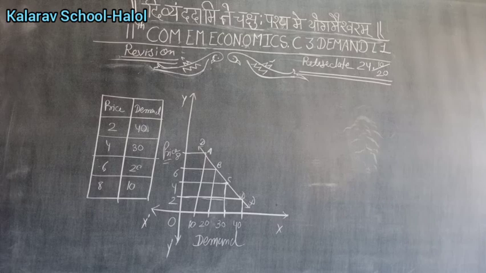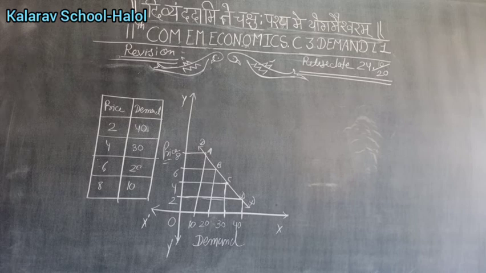This is the substitution effect. Income effect: when the monetary income of the consumer remains constant but the price of the good falls, then his or her real income rises. With higher real income, the consumer can buy more goods and demand rises. This is called the income effect.